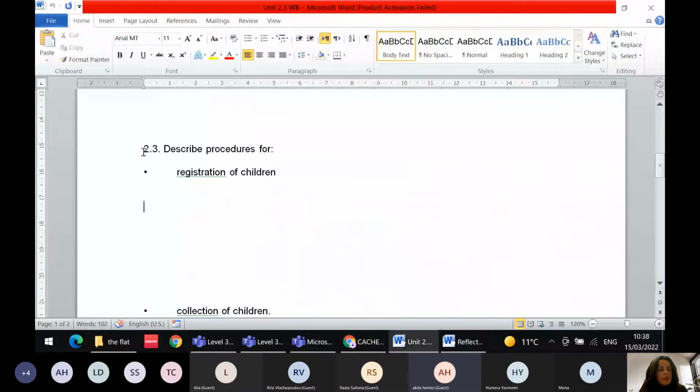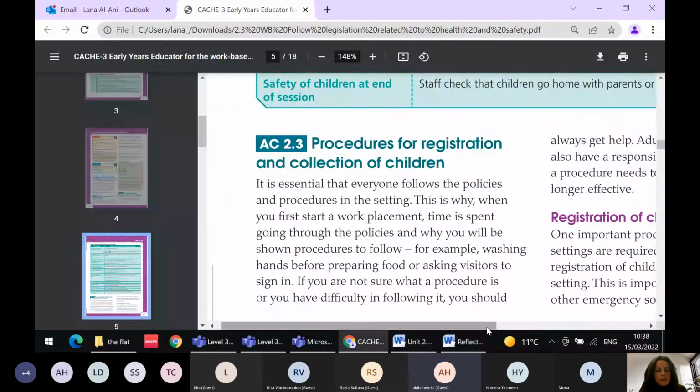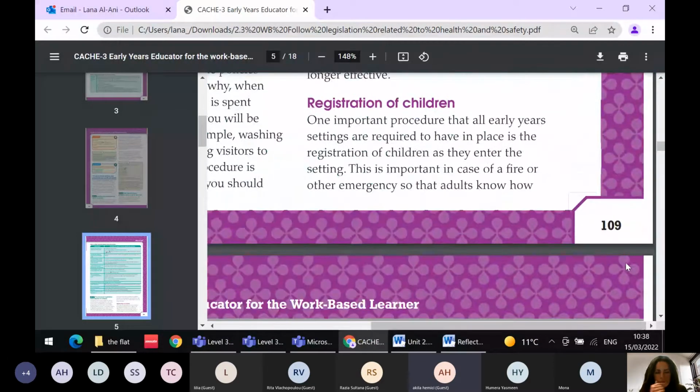So now if I'm following this question, 2.3, describe procedures for registration of children. So what's the procedure to register the children? Now we all either have kids, or if you don't have kids, maybe you've been working in a child care organization by now, or at least doing some voluntary work.